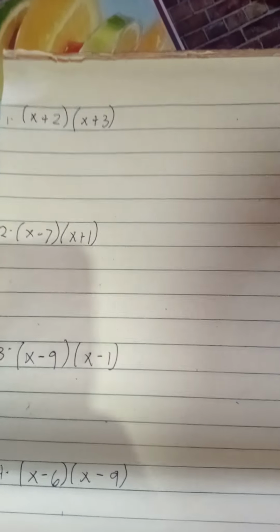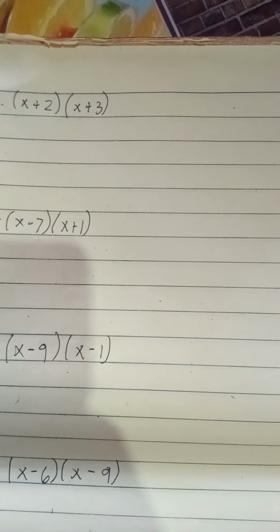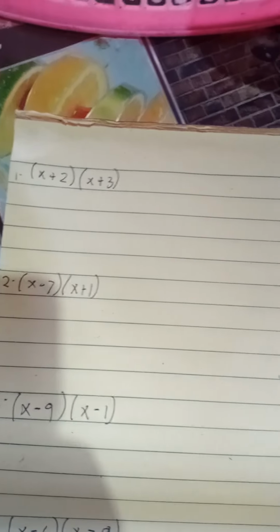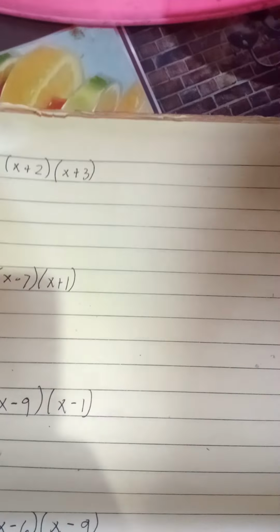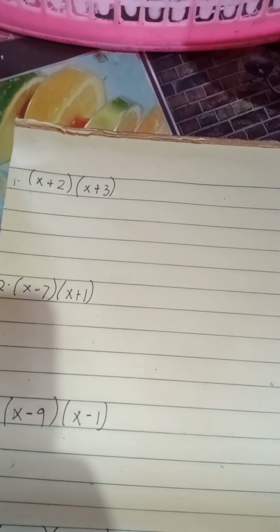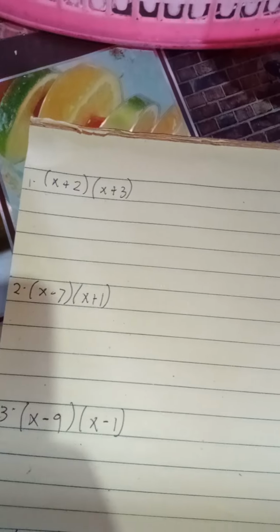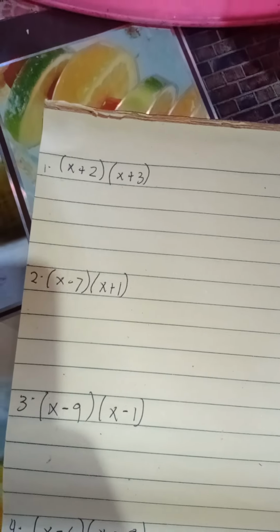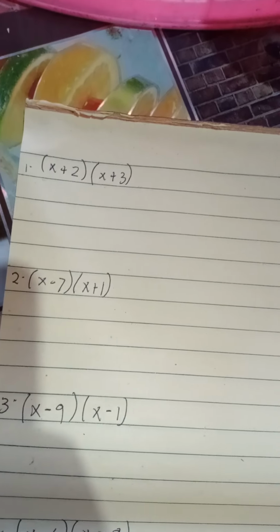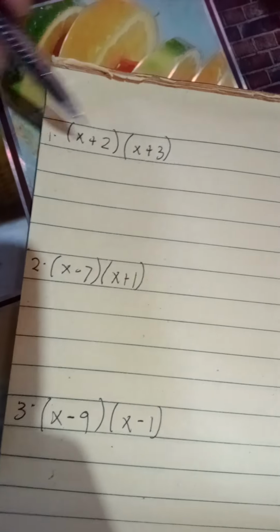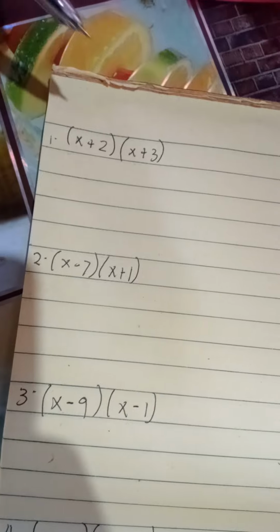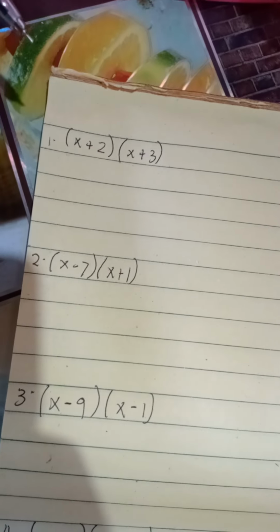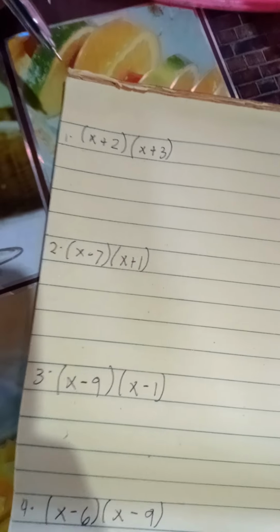First is the FOIL method. Number 1 is x plus 2 and x plus 3. In the FOIL method, there's a pattern if you are going to solve it: inner to inner, inner to outer, outer to inner, and outer to outer.